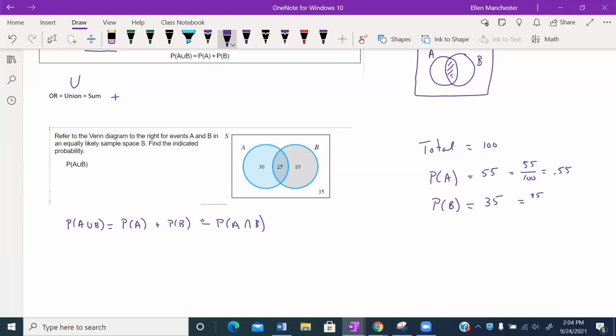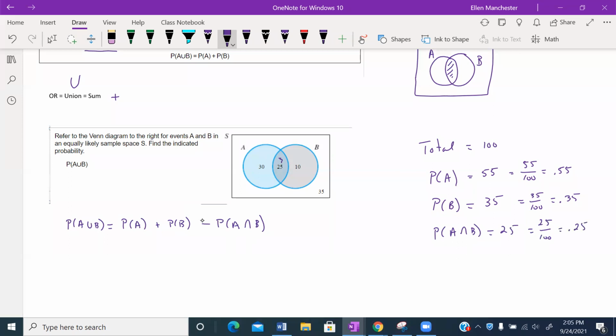So it's 35 out of 100, which is 0.35. And the probability of A intersect B. So now we're looking at just the intersection, just this section in here. So that's 25. So that's 25 out of 100, which is 0.25.